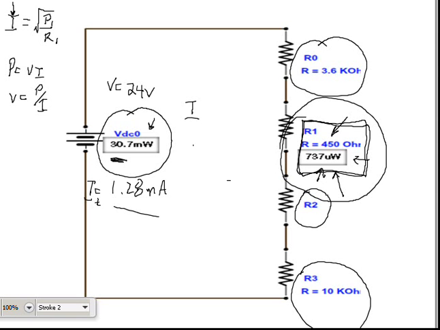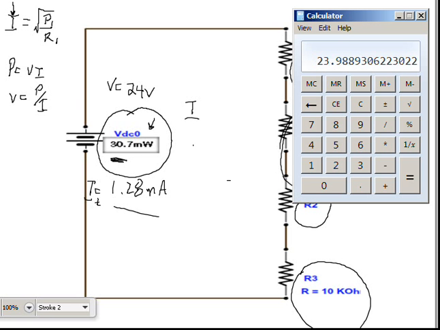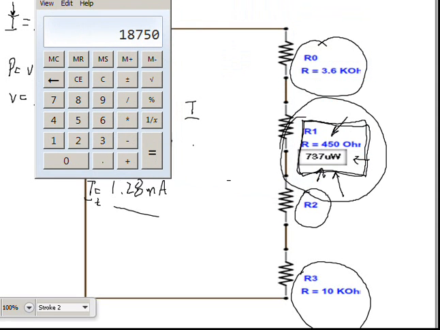We know all the other values, so we can easily figure out R2 by dividing voltage by current. So, 24 divided by 0.00128 equals 18.75K.